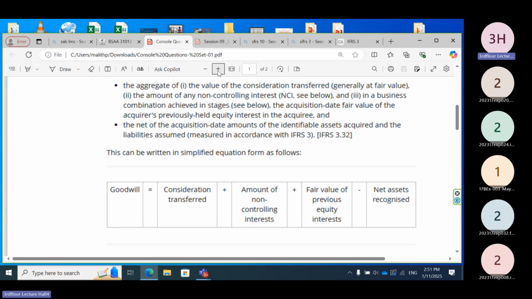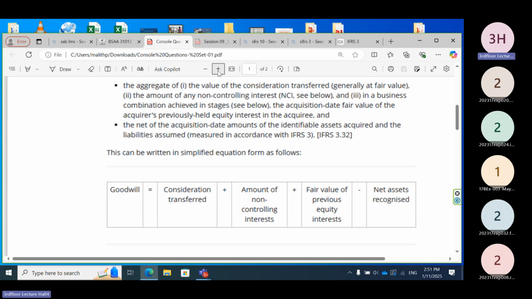So then what we have done is we have given the common formula. Through that common formula we discuss how we are going to calculate proportionate goodwill and the full goodwill, right? This is a proportionate goodwill, this is a full goodwill, this is a double entry, right?